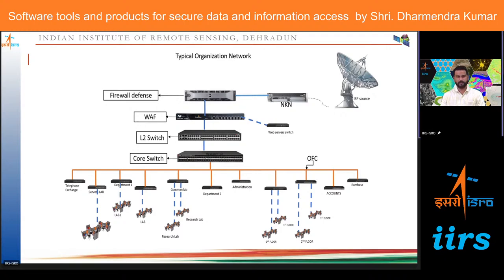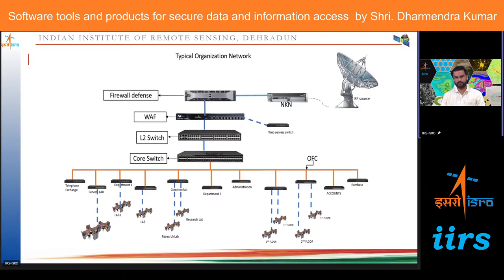This is a typical organizational structure. In most cases, we have the first level via ISP, and then there are government organizations. Then you will have the NKN network, the National Knowledge Network, that has most of the time been provided in all the government organizations. After that, you'll have a firewall defense of your organization.